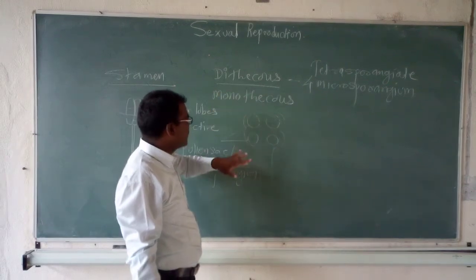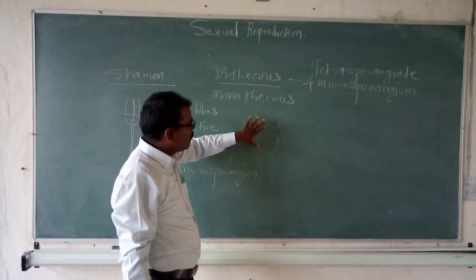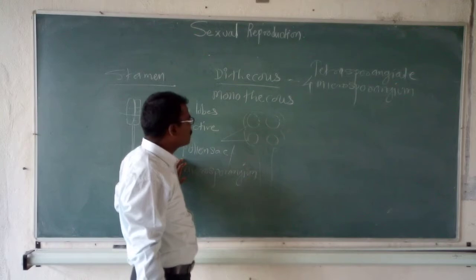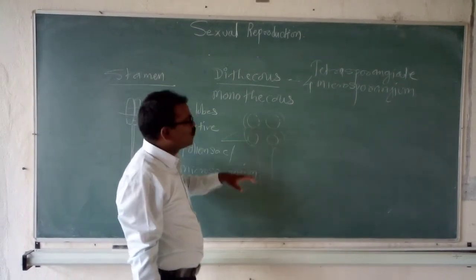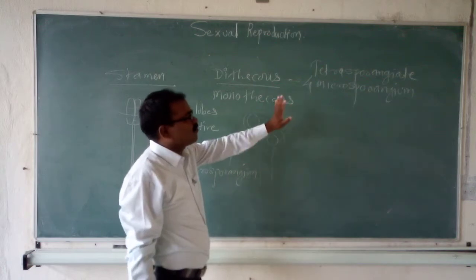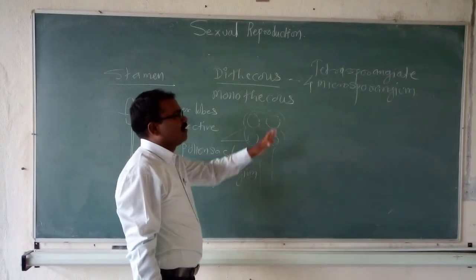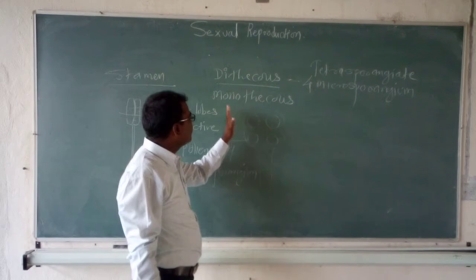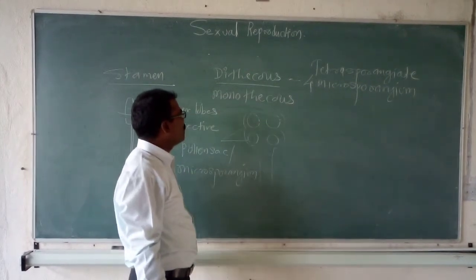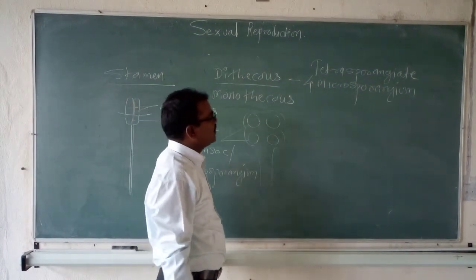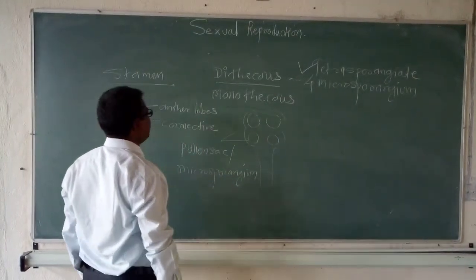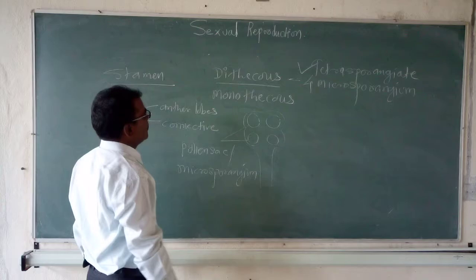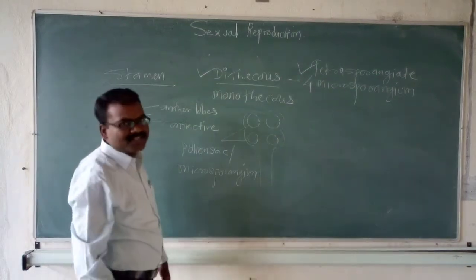While in monothecous anther, with one anther lobe, only two pollen sacs or microsporangia are present. How many pollen sacs? Two. The meaning of tetrasporangiate is important, and the meaning of dithecous anther is again important.